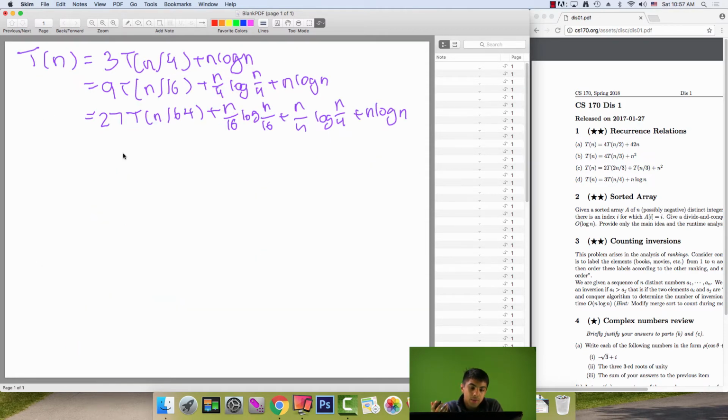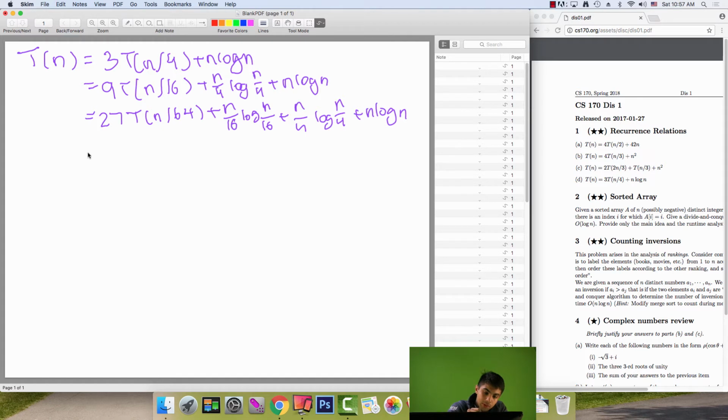So by what we showed in the previous part, we can notice that we've now come up with 3 equivalent expressions for T(n), one in terms of T(n/4), one in terms of T(n/16), and one in terms of T(n/64).